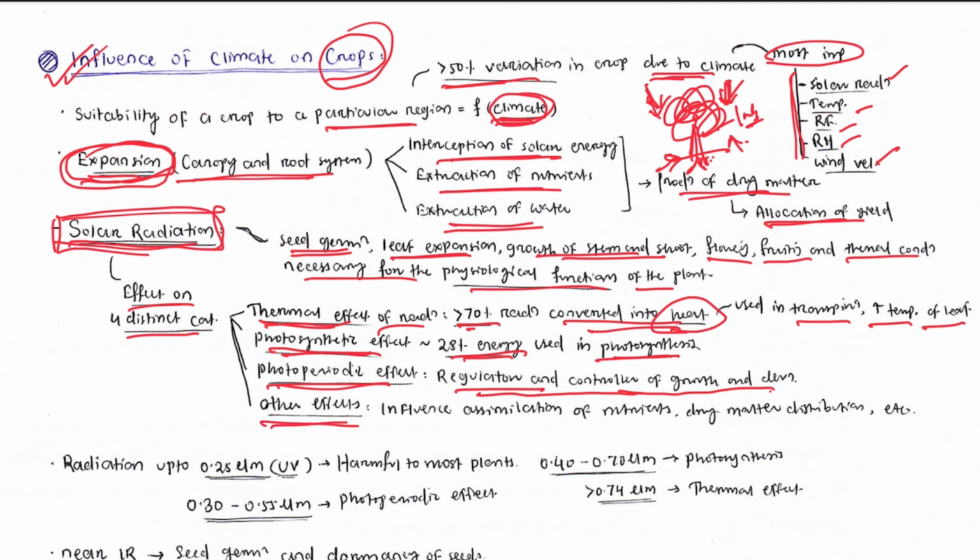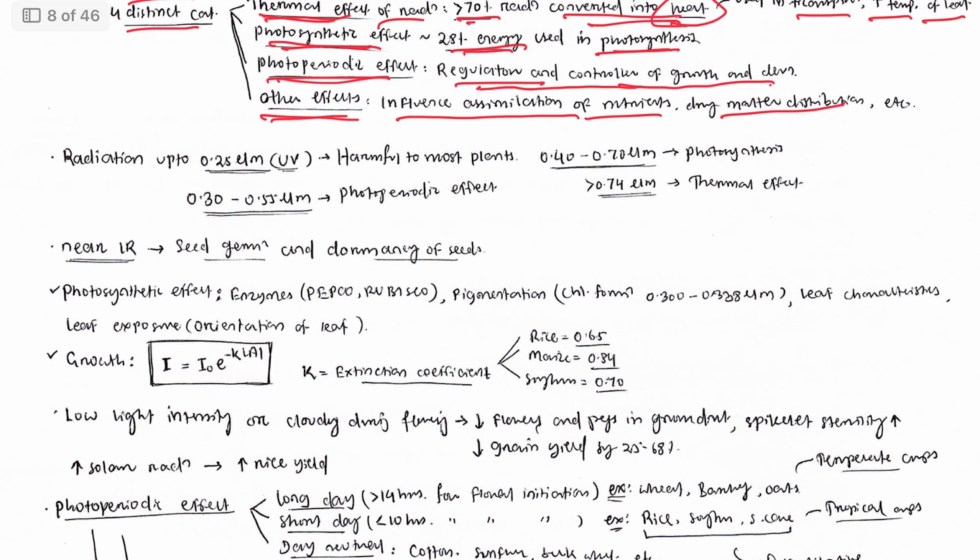Then there are some other effects of solar radiation on crop growth, such as influence on assimilation of nutrients, dry matter distribution, etc. Radiation up to 0.25 micrometer is harmful for most plants, and these are called UV radiation or ultraviolet radiation. Ultraviolet radiations are harmful for plants.